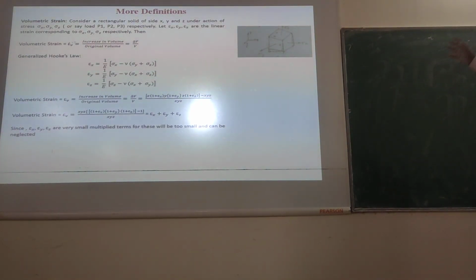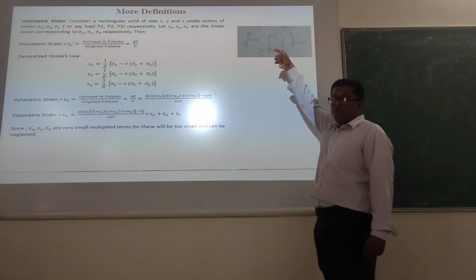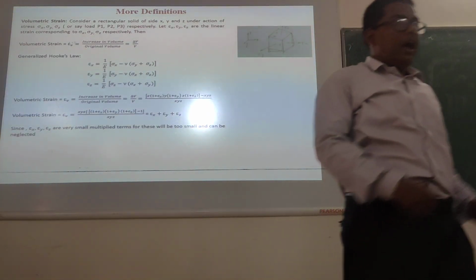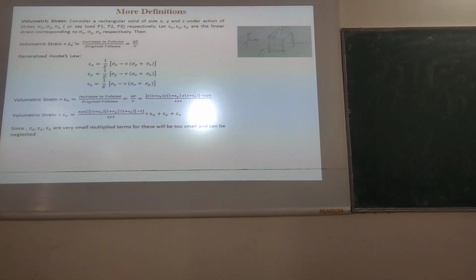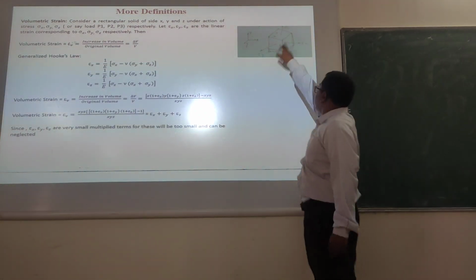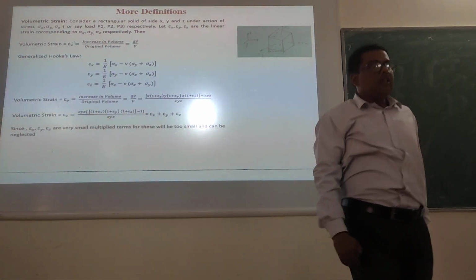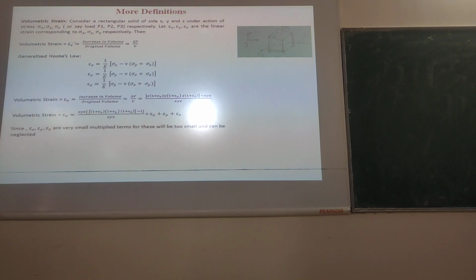So now if I take a body with dimensions small i, small j, and I put it under three mutually perpendicular forces, sigma x, sigma y and sigma j, then what will be the change in volume?